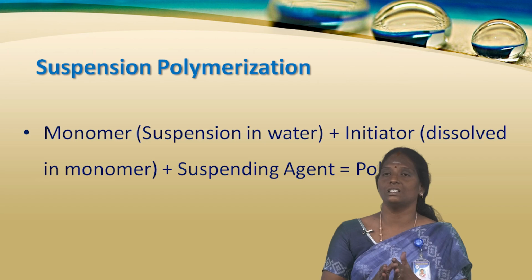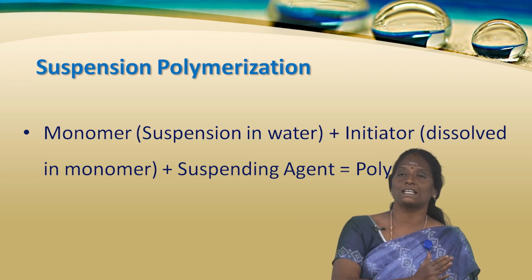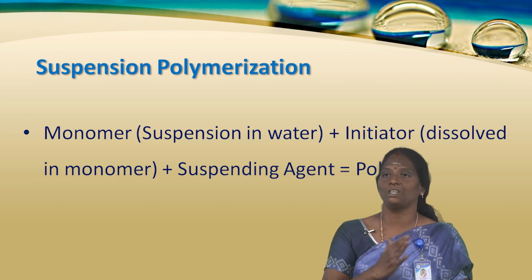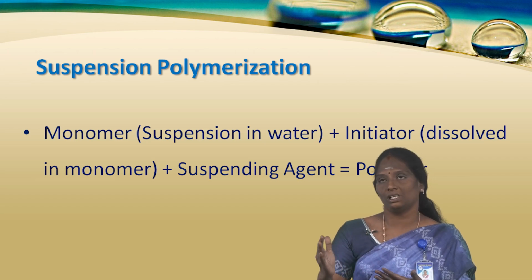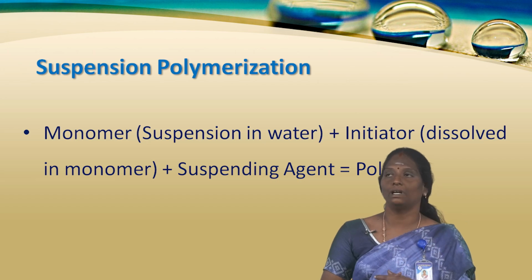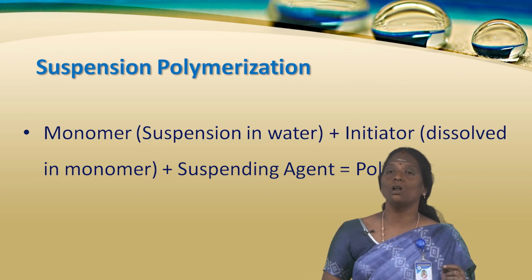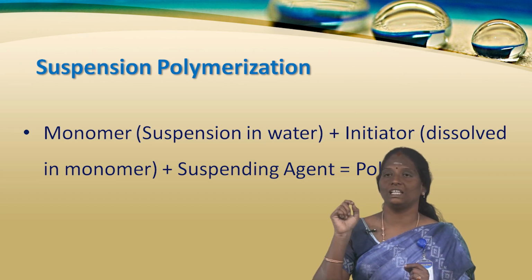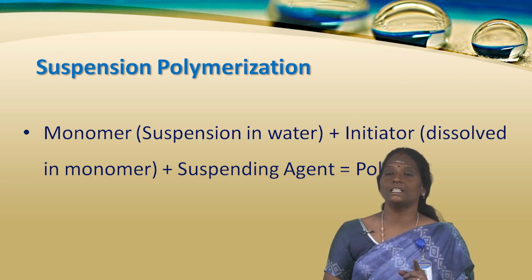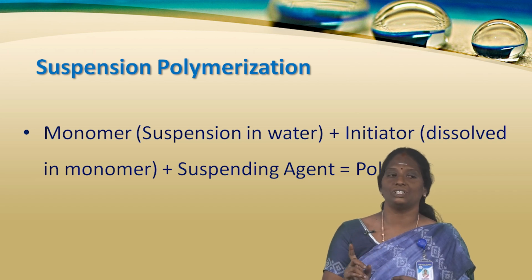The suspension is prevented from coagulation by using suspending agents like PVA, gelatin, methyl cellulose, etc. Each droplet of the monomer contains dissolved initiator. The whole content is taken in a flask and heated at constant temperature with vigorous agitation in a thermostat with nitrogen atmosphere.